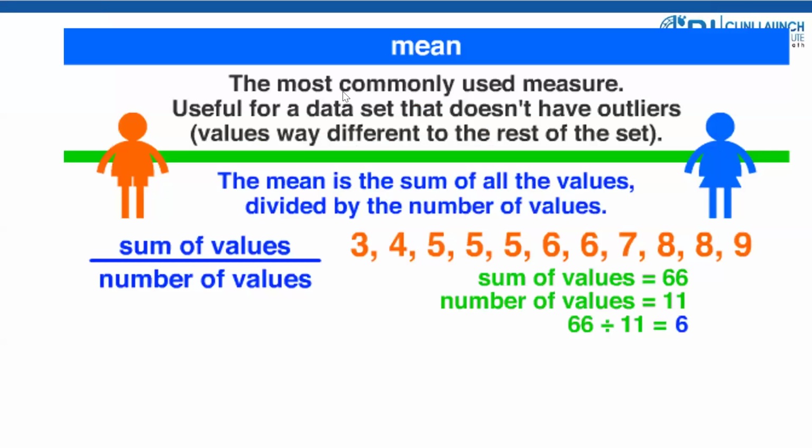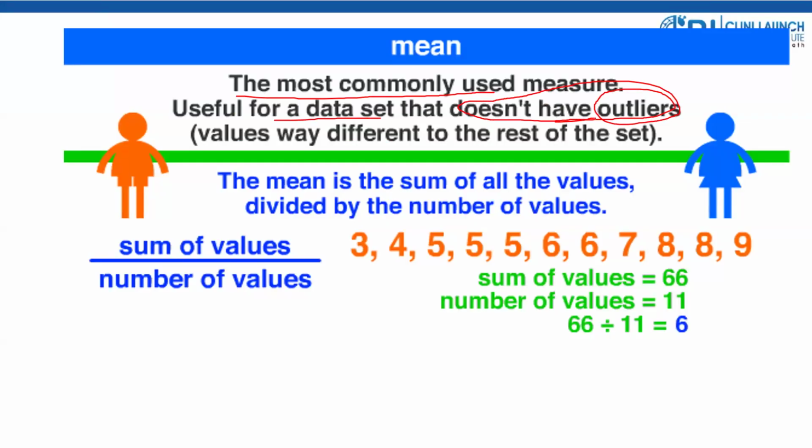The mean is the most commonly used measure, and it is useful for a data set that does not have outliers. This is very, very important. Your data should not have outliers. Now, what are outliers?